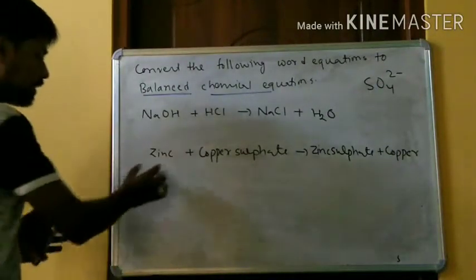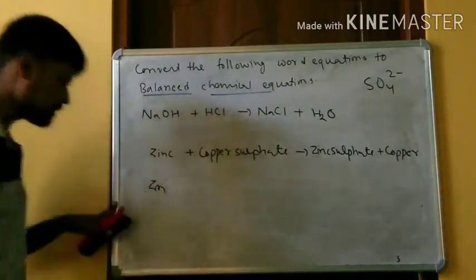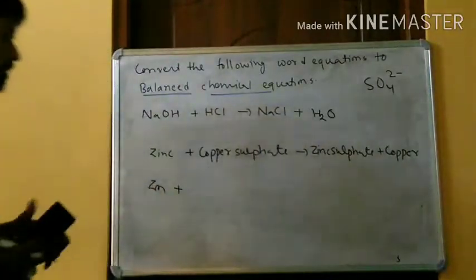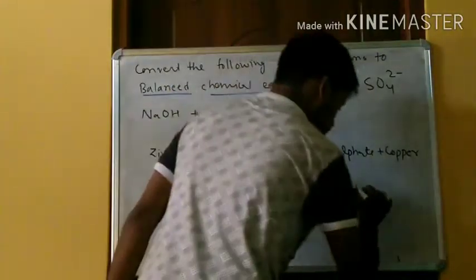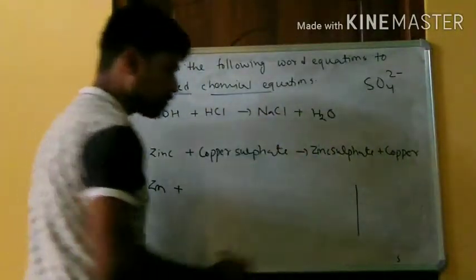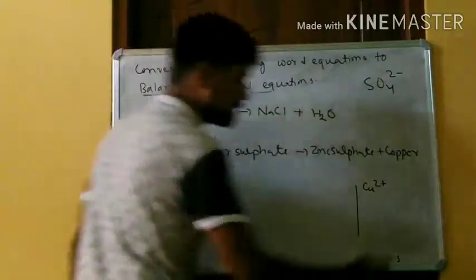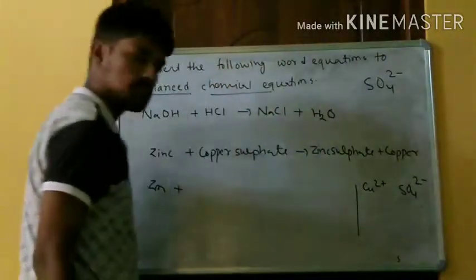Now see, here only zinc is written. That means the elemental formula of zinc, it is Zn. But in the case of copper sulfate, copper and sulfate are both combined. So the ionic form of copper is Cu2 plus and sulfate is SO4 2 minus.